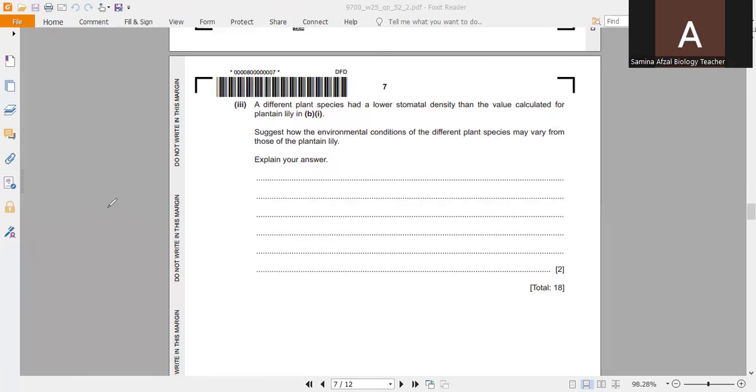With lower density, the plant can get enough carbon dioxide with fewer openings. So we can write these 3 points which I have discussed.